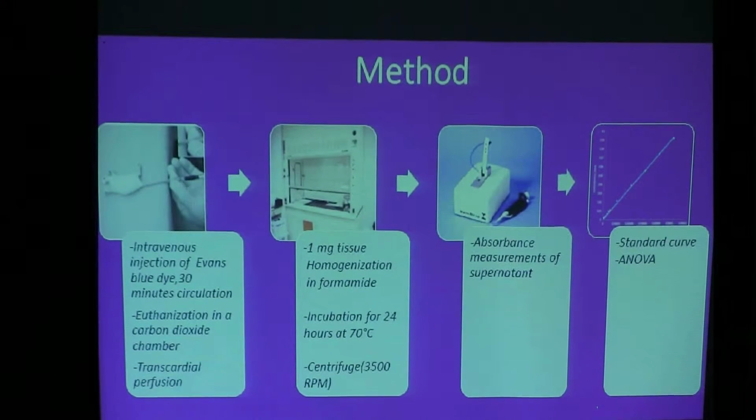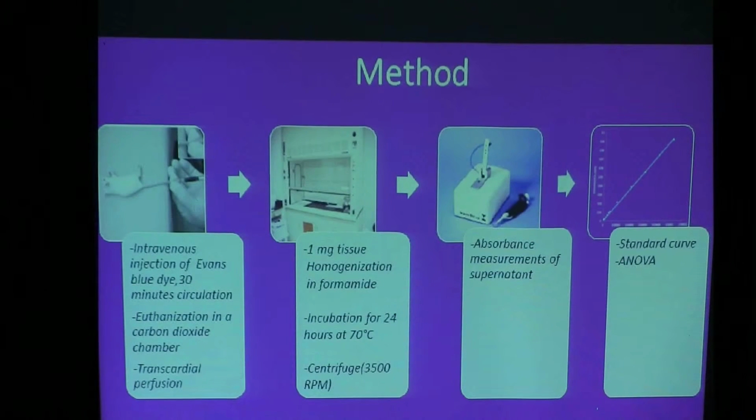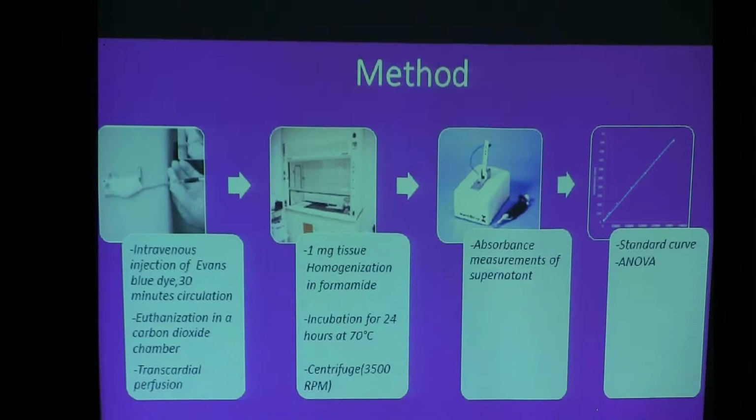In the first part, I intravenously injected Evans blue dye into the mice, and then we waited 30 minutes to get complete circulation of the dye in the mouse. After that, we euthanized the mouse in the carbon dioxide chamber, and then by using transcardial perfusion, we drained all the Evans blue dye out of the circulation.